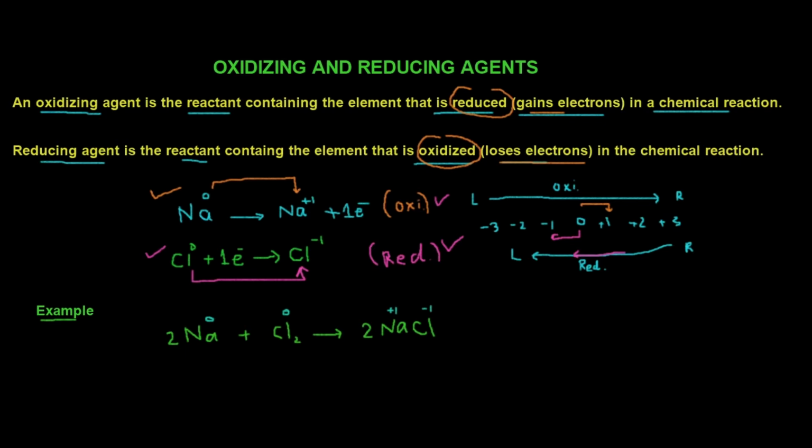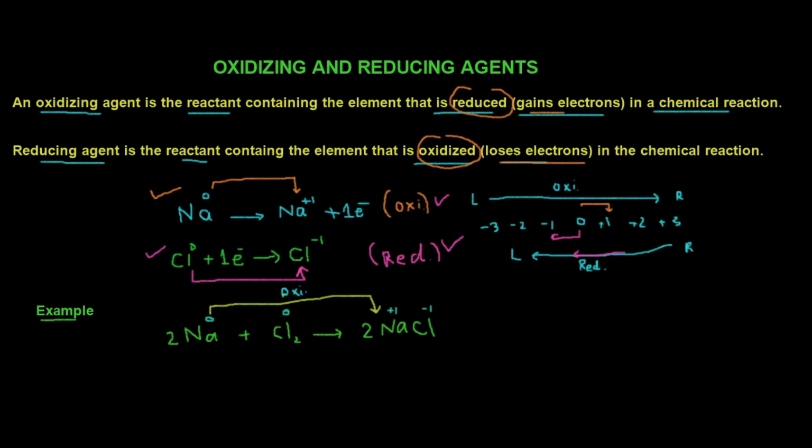So what do you understand by this concept? As you can see, sodium is moving from 0 to plus 1 state. What do you mean by this? 0 to plus 1 means you are moving from left to right, so the sodium atom is showing oxidation.